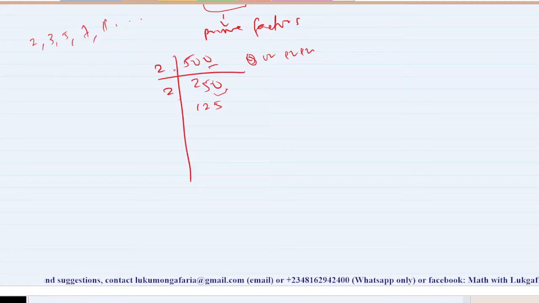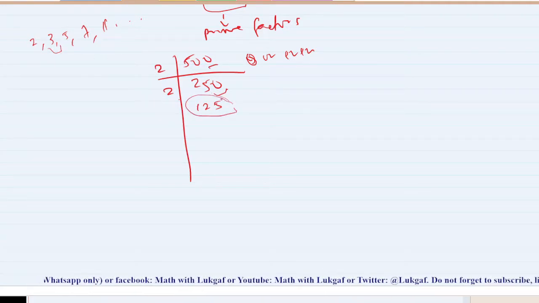So is 3 a factor of 500? No. How do you know that 3 cannot go in 125? By the divisibility rule of 3, we say 3 can go in a number when you sum all the digits together and it gives a number that 3 can go in.